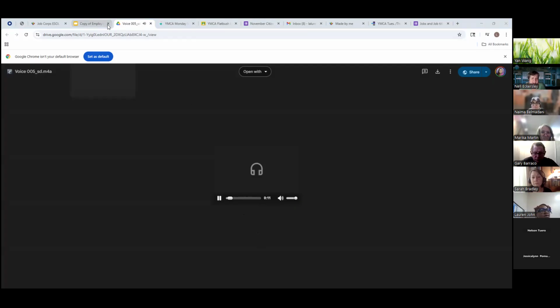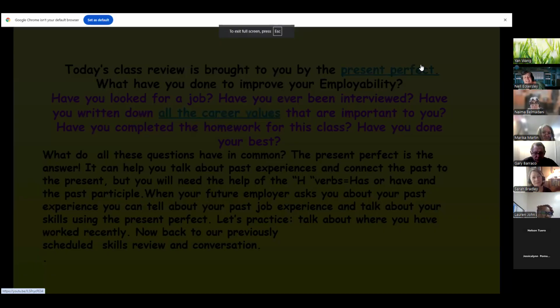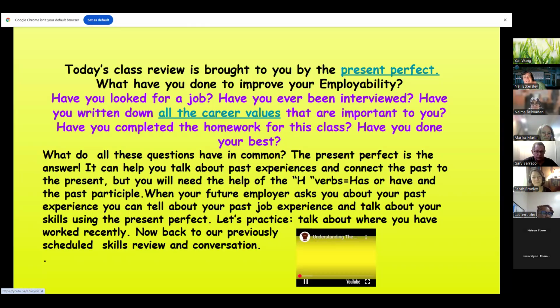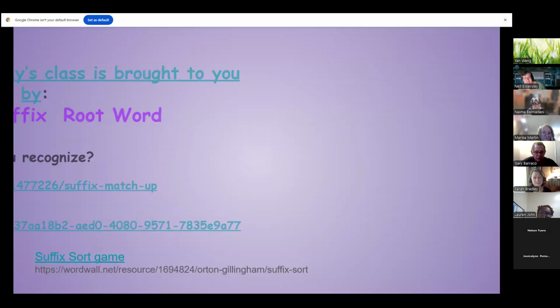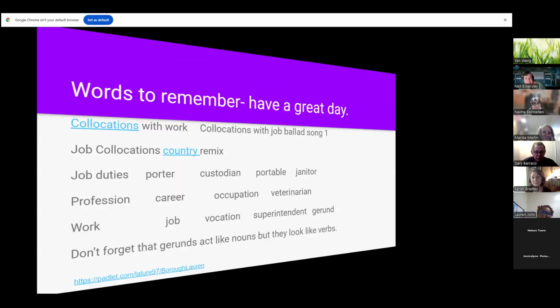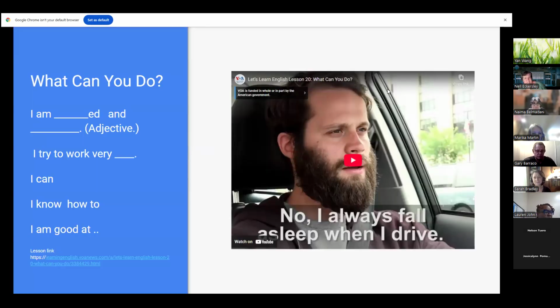I need to get a job. I need to keep a job. I need skills. Employability. Skills for you and me. To get a job, to keep a job. Employability. Hard skills that you can see.